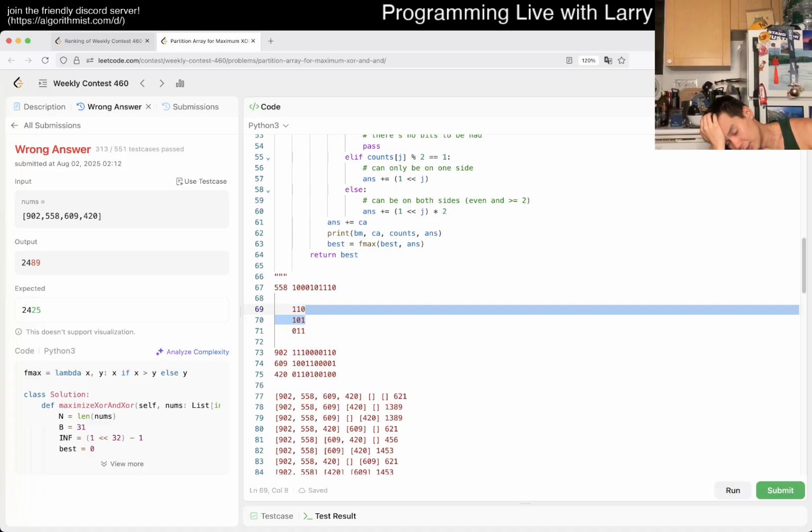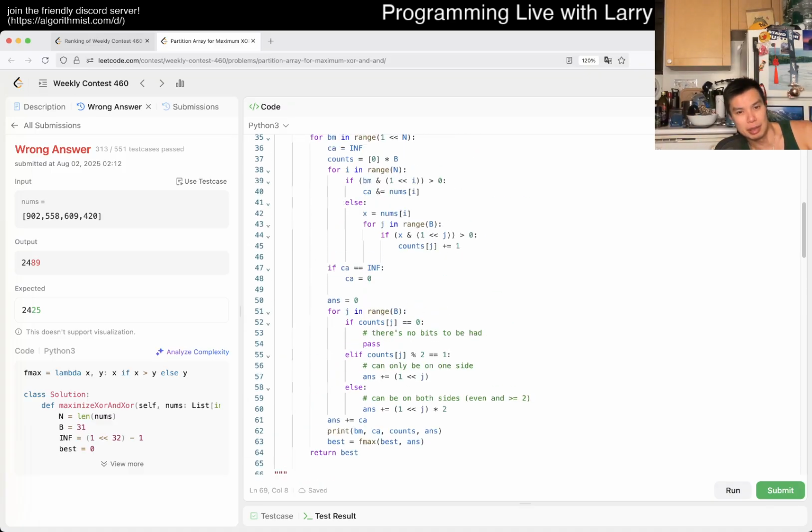If you even do another over b complexity, it's too slow. So you can't even do b squared here. Actually maybe you can, I don't know.